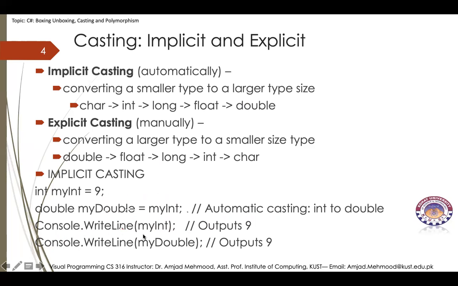The important thing I want to mention here is that if you want to convert a small value to a big value, like here you have integer and you want to convert the integer into double, and integer is 4 byte and double is 8 bytes, you can easily convert 4 bytes to 8 bytes. There will be no loss of values. So the compiler does that without any hesitation.